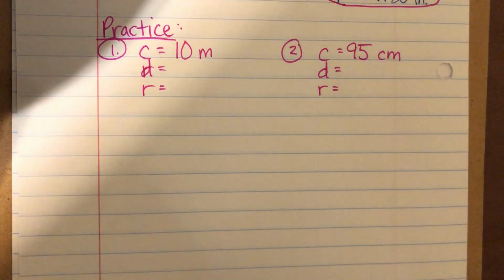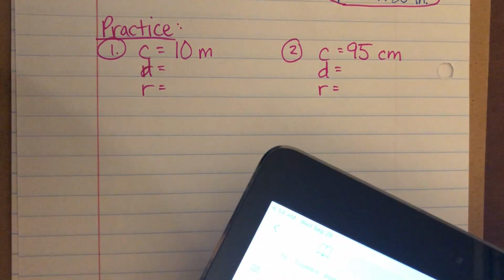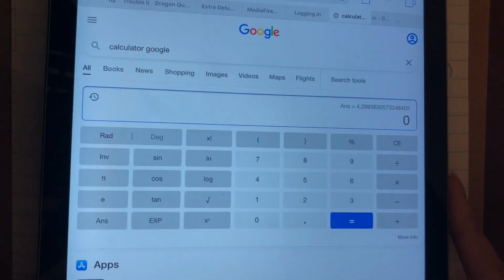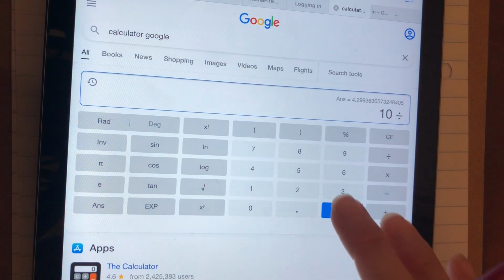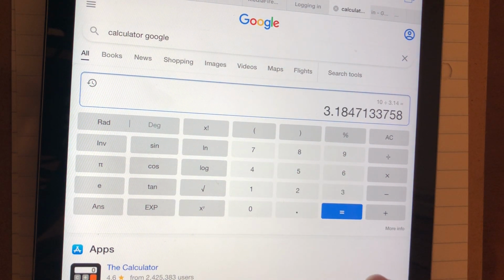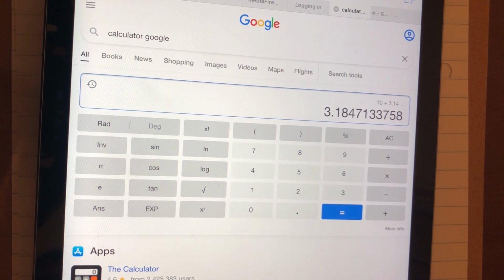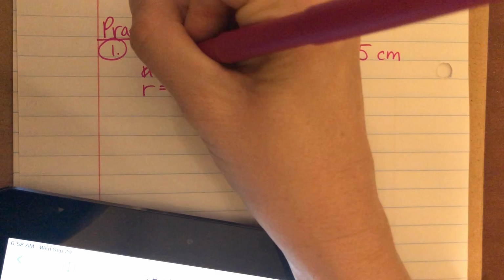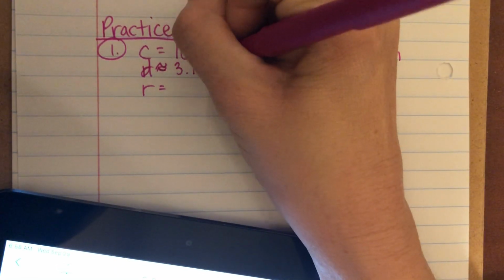All right. Okay, so for your diameter, all you have to do is divide the circumference by pi. So I'm going to do 10 divided by 3.14. And I'll round that to 3.18. So the diameter is approximately 3.18 meters.